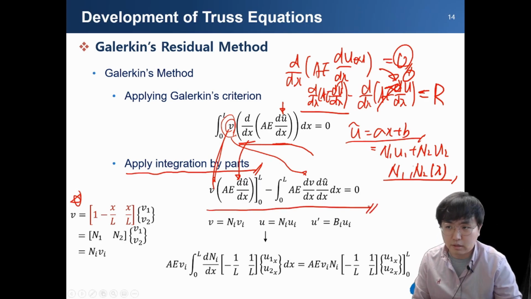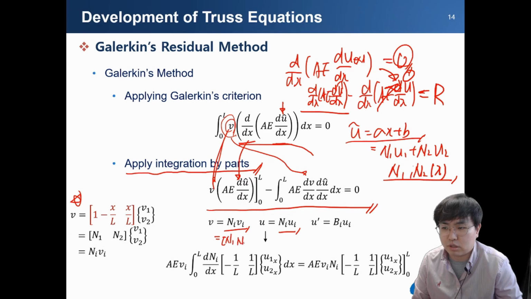Then we are going to add this equation. I use some Einstein notation, but please do not be confused. This means a matrix multiplication.